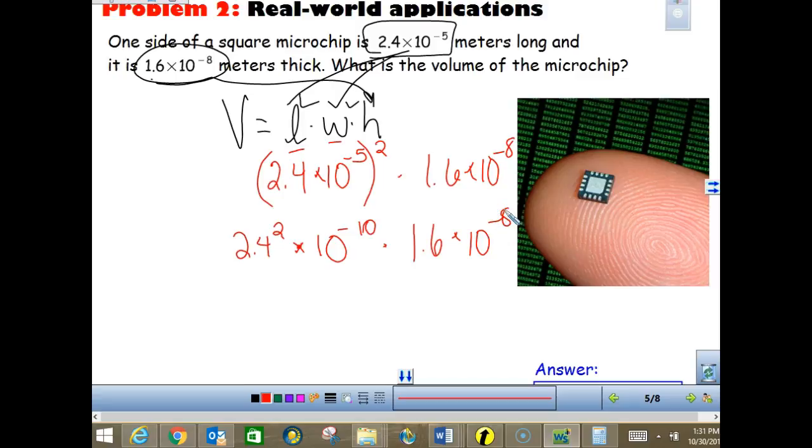Now before I put that in my calculator, here's what I want to put in my calculator. 2.4 squared times 1.6. Please put that in your calculator right now.